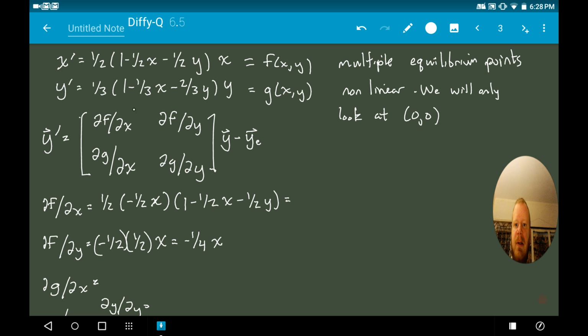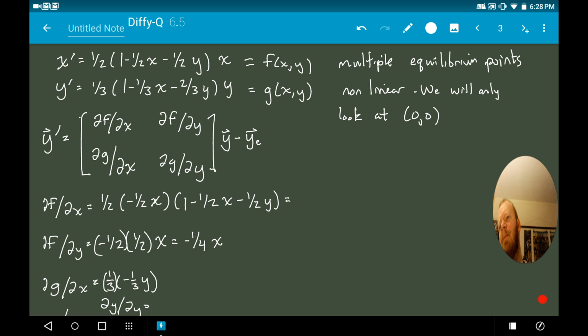This next one, del g del x, is kind of the same situation. We have negative 1/3 x times y. That's the only term that's going to stick around. So this is the negative 1/3 out in front times, since we're taking the derivative with respect to x, the y is what's left over.